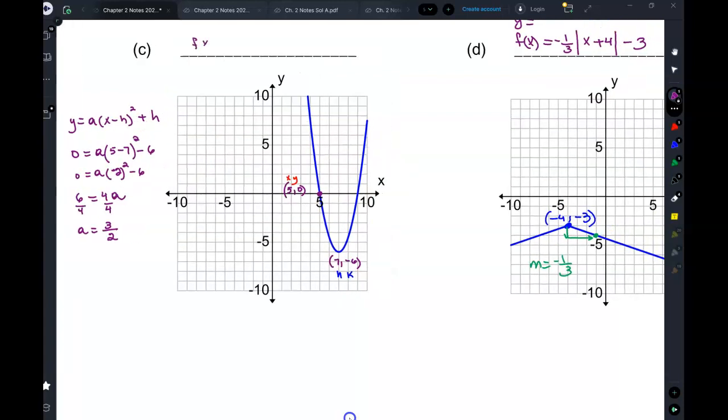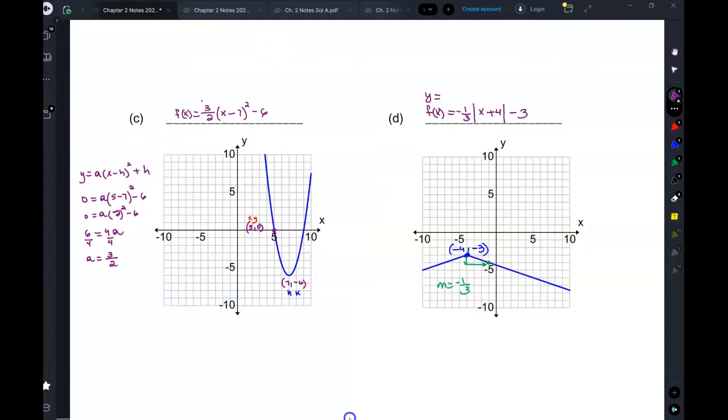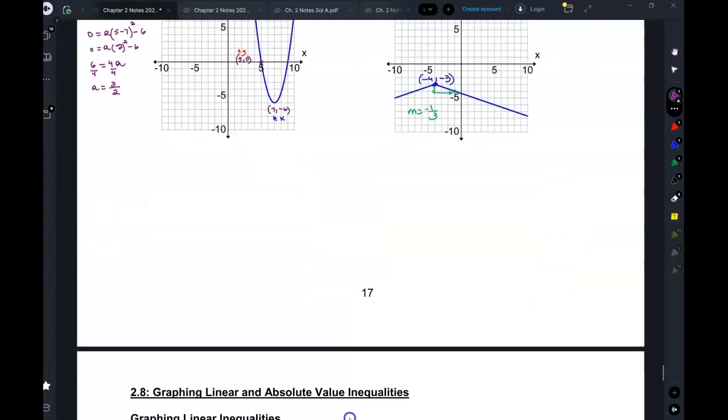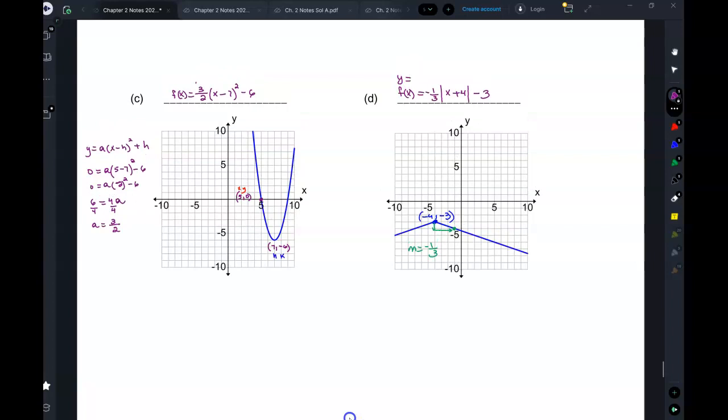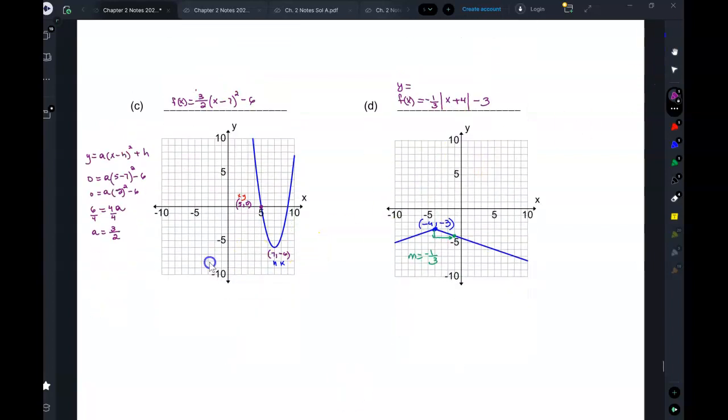So f of x equals what? 3 over 2 times x minus 7 squared minus 6. Good. Isn't that fun? All right, so with that, the homework to this is actually a worksheet.